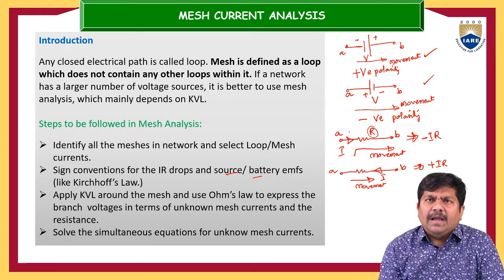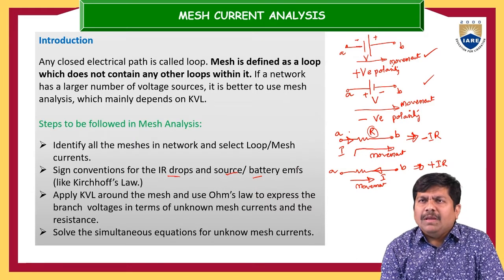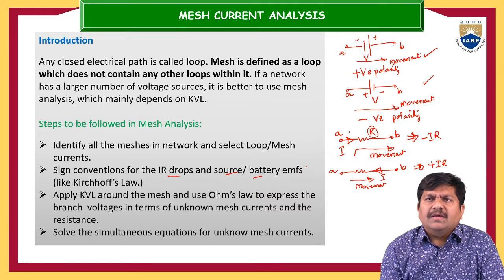So like this, determine the sign conventions of IR drops and sources, batteries or EMFs, then apply KVL around the mesh, and you can use Ohm's law, with which we are more convenient.